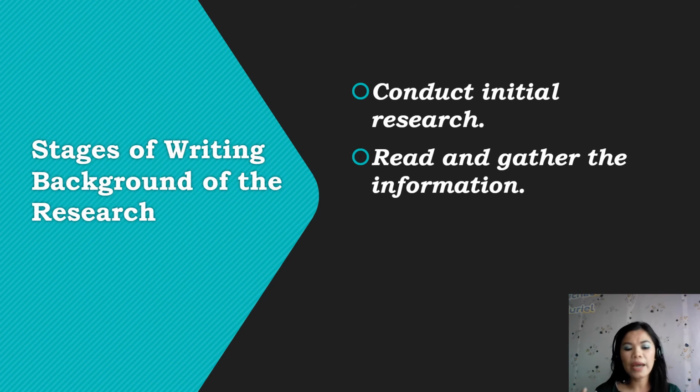I suggest that when you gather the information, you use an index card, so that you can write down, for example, lifted sentences and then the sources, so that it will not be difficult for you when you do review of related literature, or when you do referencing later on.